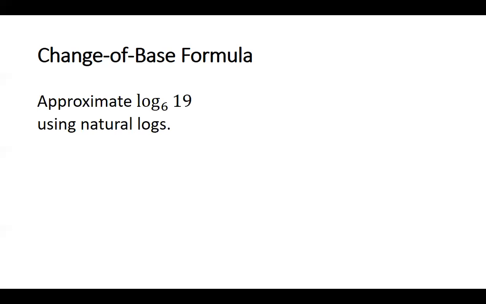So let's look at the change of base formula. Approximate log base 6 of 19 using natural logs. Okay, so log base 6 of 19, well, that's not a common log. That's not our natural log. This says use natural logs. So log base 6 of 19 is equal to natural log of 19 over the natural log of 6.